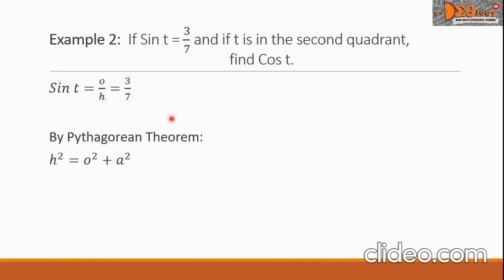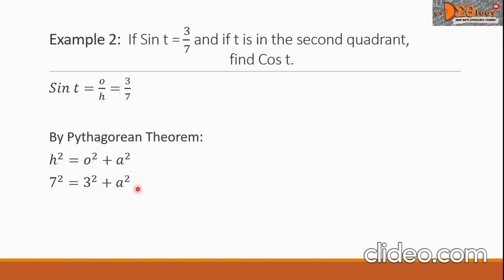Using the Pythagorean theorem, which is h squared equals o squared plus a squared, we will now substitute the corresponding values. The h becomes 7, so we have here 7 squared equals, the o becomes 3 and this is squared, so we have now 3 squared plus a squared.